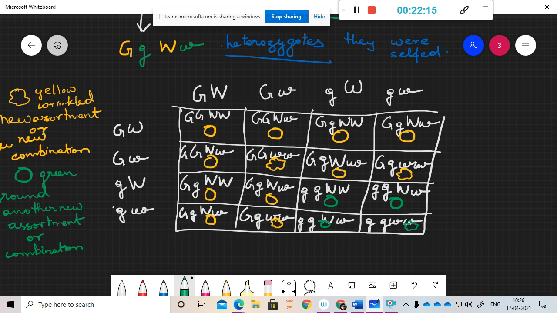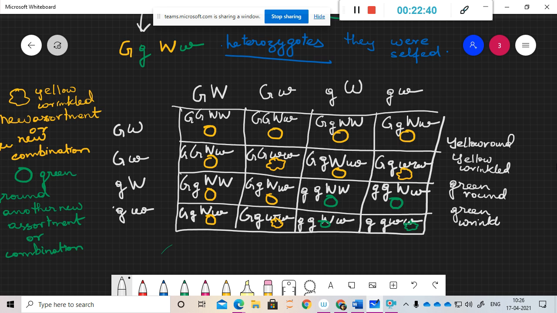So if you see the combinations, yellow round, yellow wrinkled, green round, green wrinkled, you get it in the ratio of 9 is to 3 is to 3 is to 1.